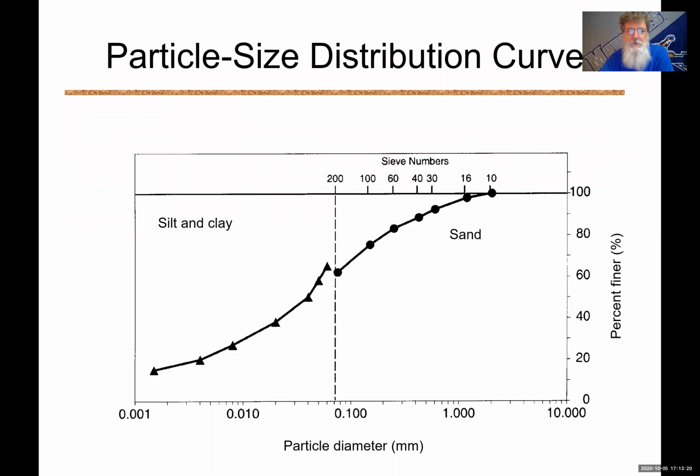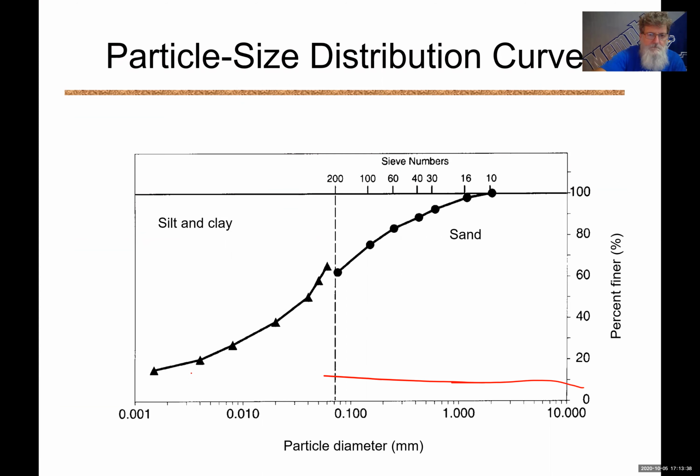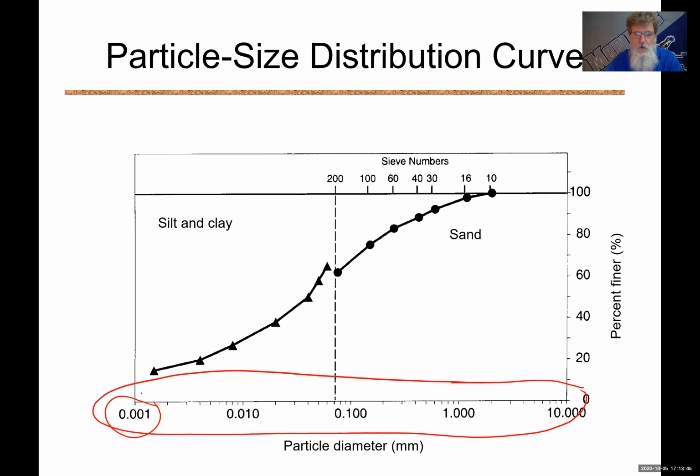Now you can see the 200 sieve right here in the middle becomes a delineation between sand and silts and clays. Most of our work will stay to the right of that line. And the thing to notice right off the bat is the scale down here at the bottom. It starts off at 1/1000th of a millimeter all the way to 10 millimeters.